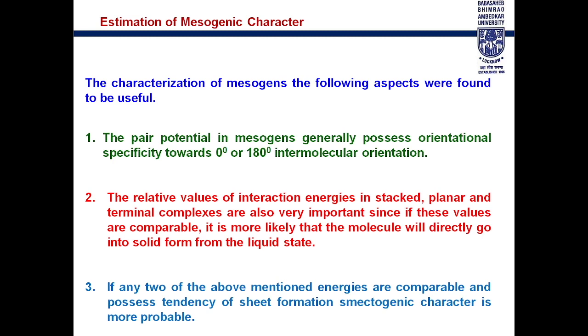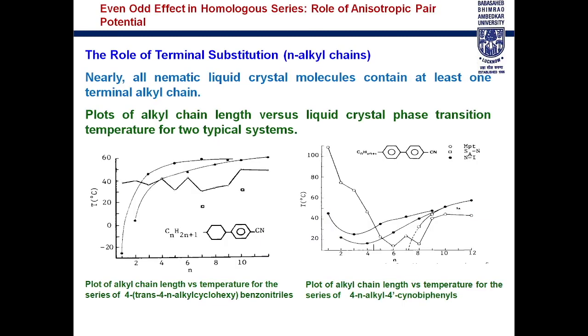The relative values of interaction energy in stacking, planar, and terminal complexes are also very important, since if these values are comparable, it is more likely that the molecule will go directly into the solid form from the liquid state. If any two of the above mentioned energies are comparable and possess a tendency of sheet formation, smectogenic character is more probable. The even-odd effect in homologous series rules out an isotropic pair potential.